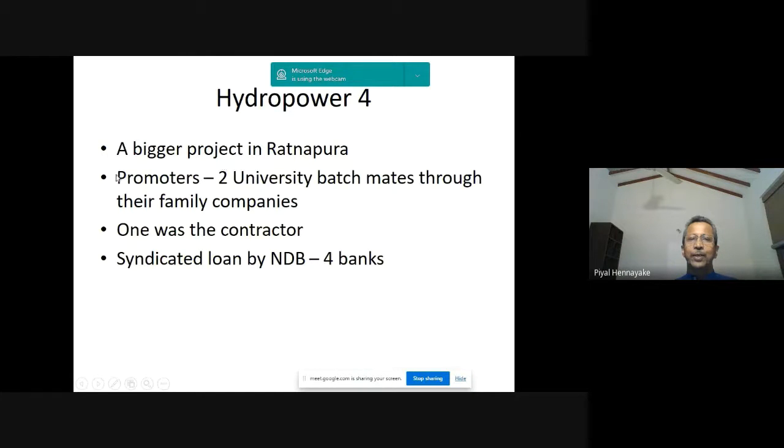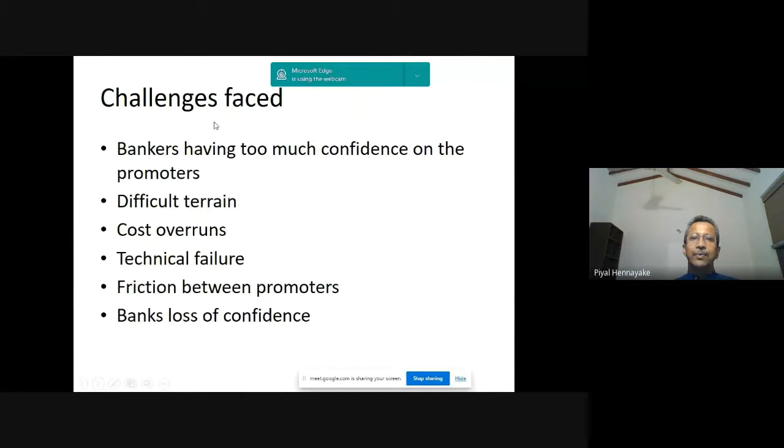Hydropower 4, big project in Ratnapura, promoters two university batchmates and through their family companies. So one was the contractor, and it was a syndicate loan by NDB. I think 4 banks were involved. What were the challenges faced?